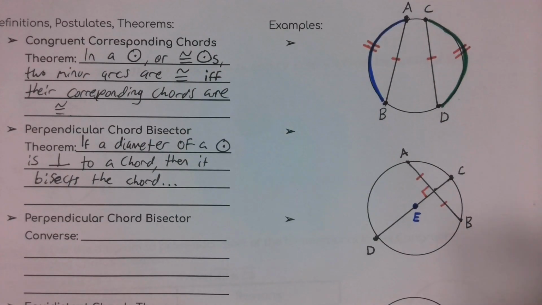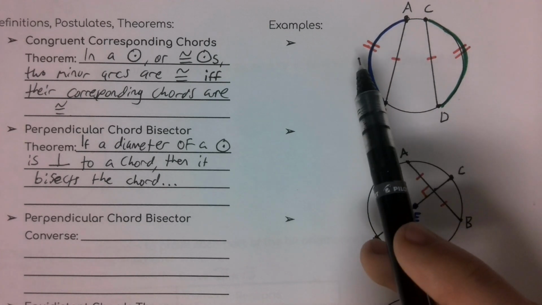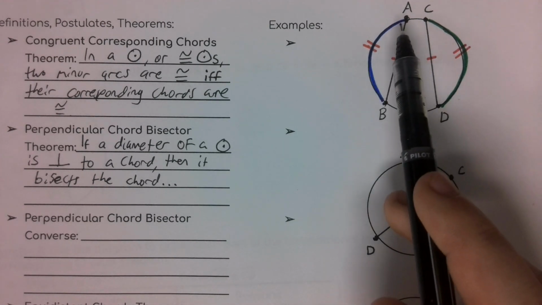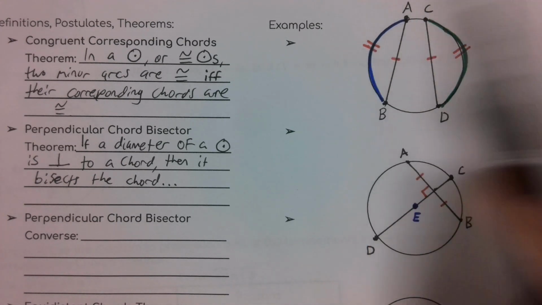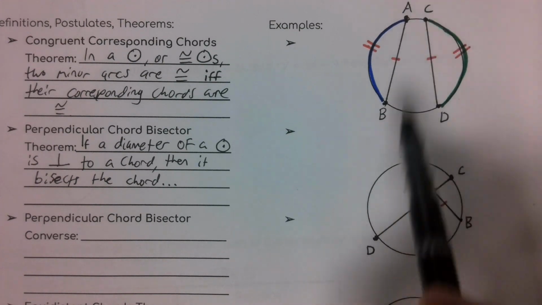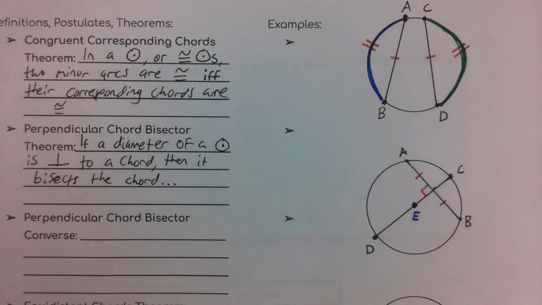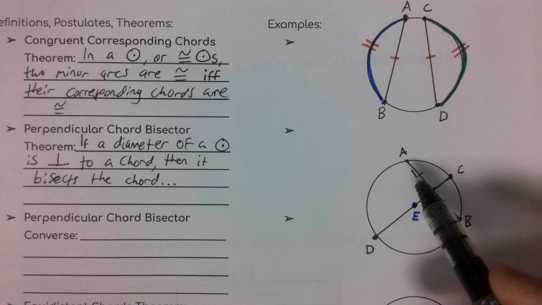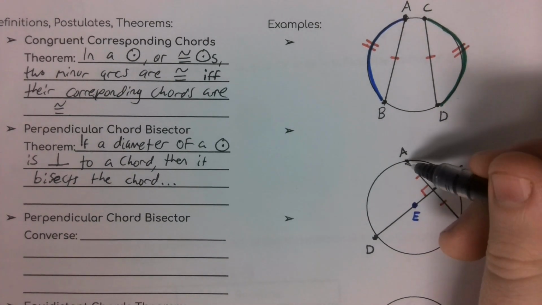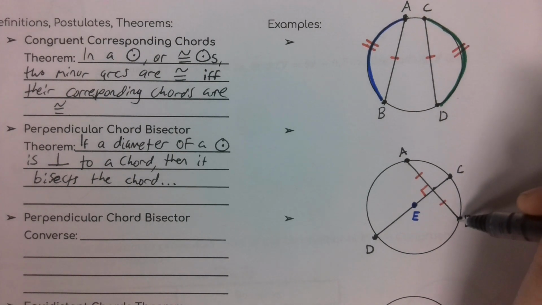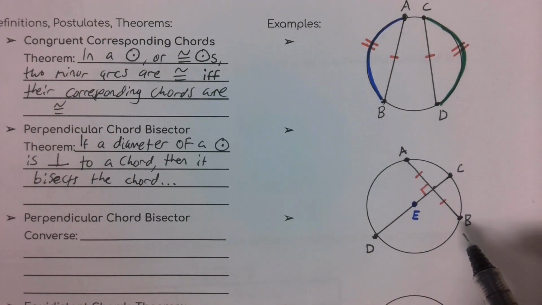Remember from our last definition, we mentioned how chords and arcs are linked. If you have a chord that's congruent to another one, the arc is congruent to the other one. If you have a small chord, you'll have a small arc. If you have a large chord, you'll have a large arc. If we cut our chord in half, our chord being AB, what do we think happens to arc AB?